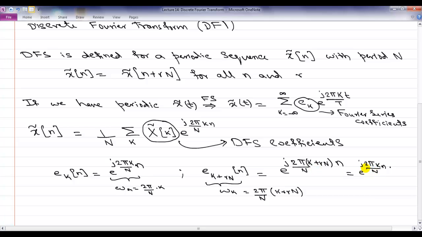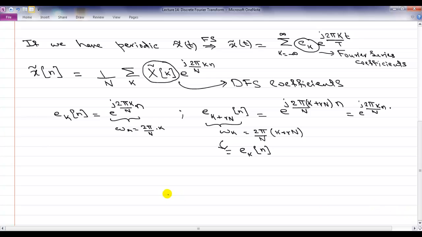So because of the periodicity of these discrete complex exponentials, ek plus rn is equal to ekn. So in discrete time, you effectively have only n harmonics instead of an infinite number of harmonics.